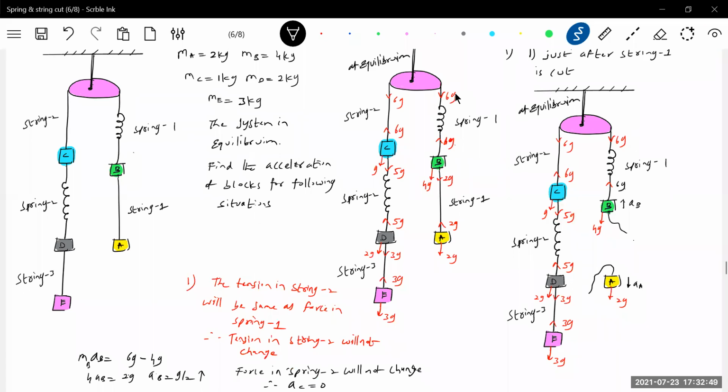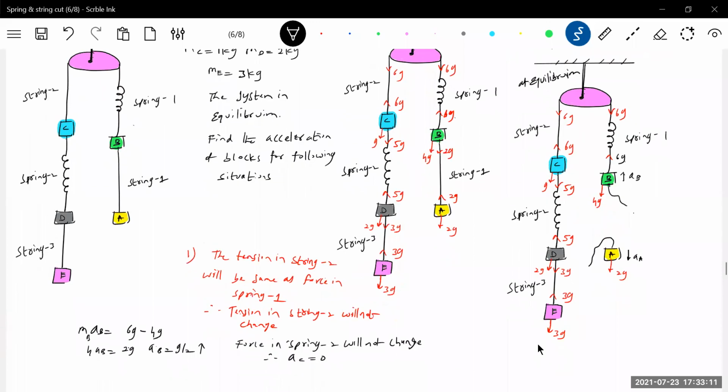Now acceleration of block A, block B, block C we got. Now let's talk about D and E. Anybody wants to say about D and E?